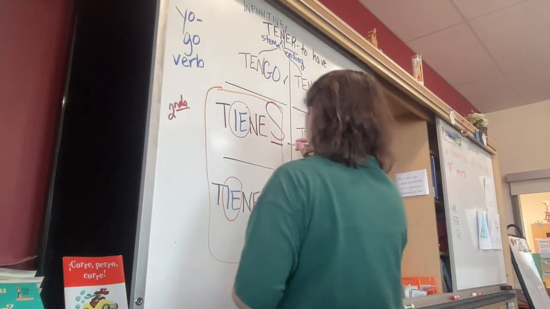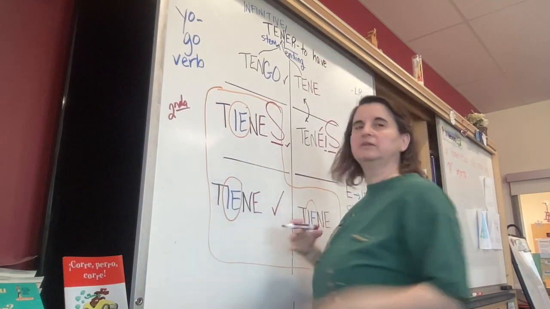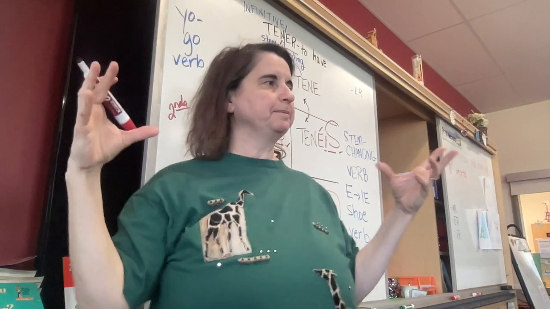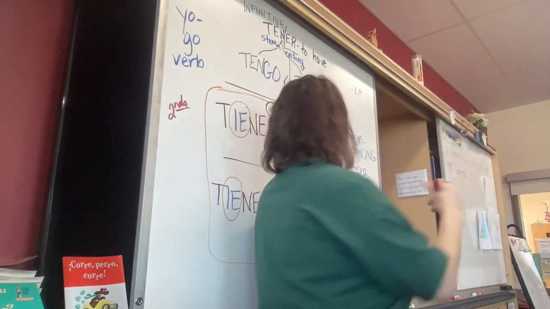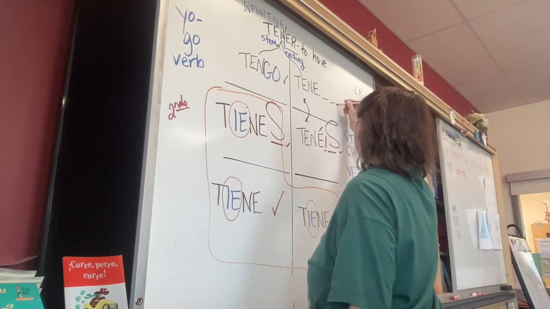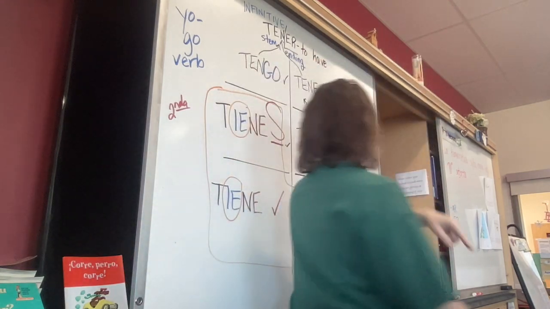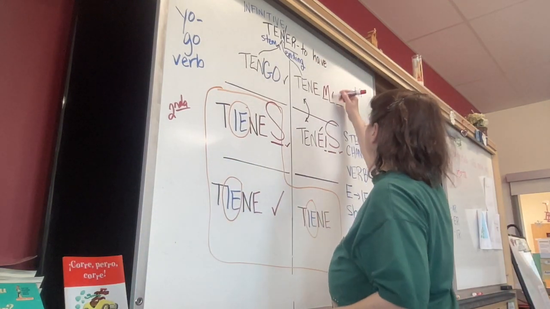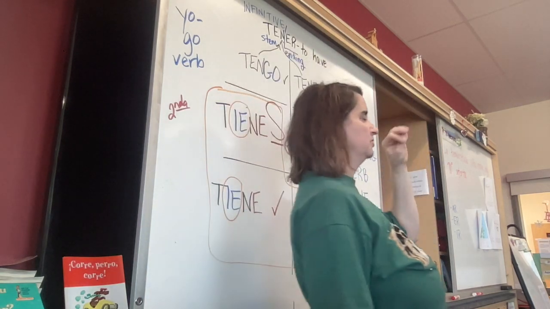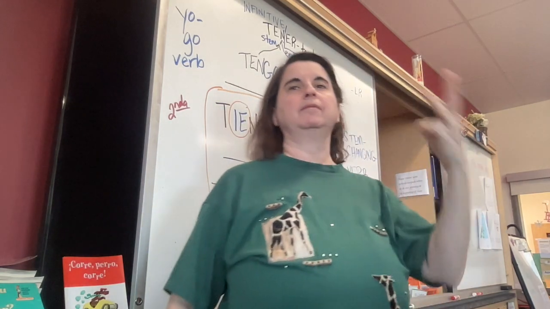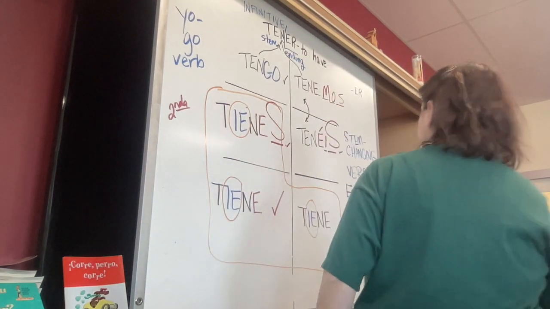Okay, so we're done with those two. All right, nosotros up here is a very long pronoun, right? And to match that length, this one also gets lots of letters. What 3 letters? Yes. So when I cue you, when we do these verb charts, I'll say 3 letras, and you can say mos, but that's what goes for nosotros.